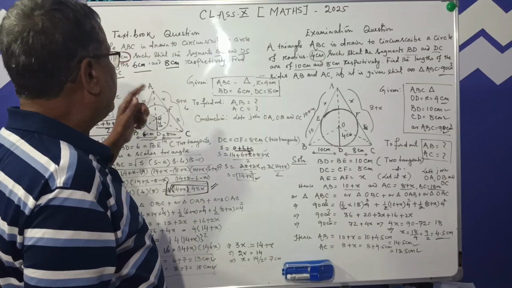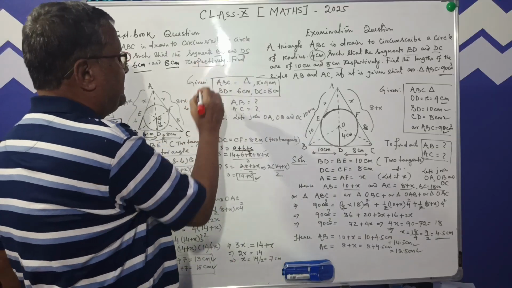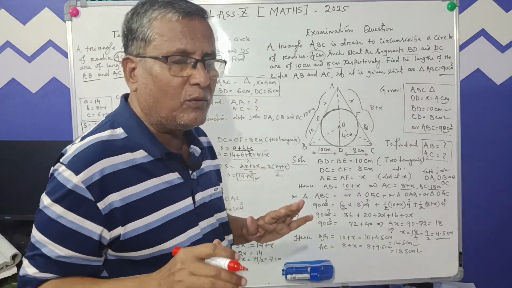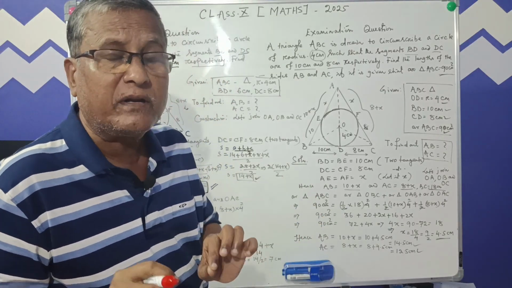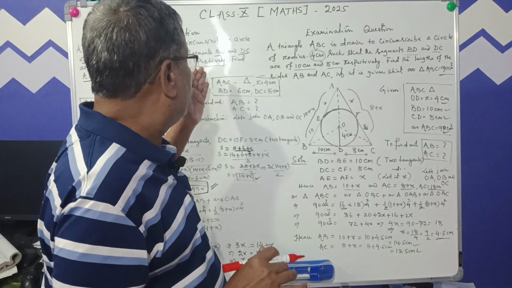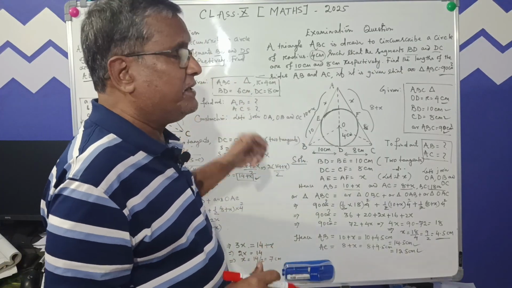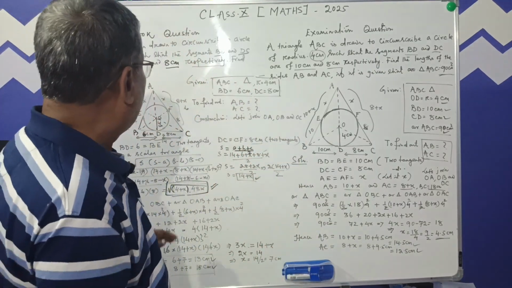Find out AB and AC. So please first locate the key terms or the directional words that have been given in your question. This is very important.